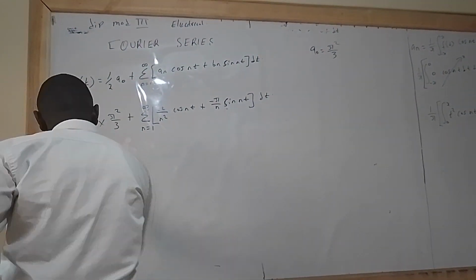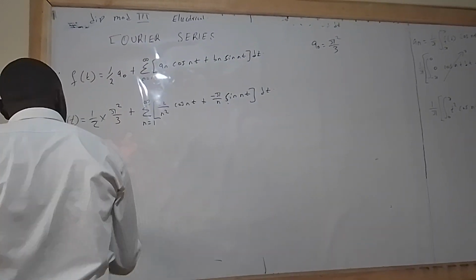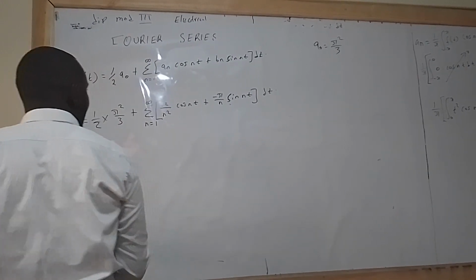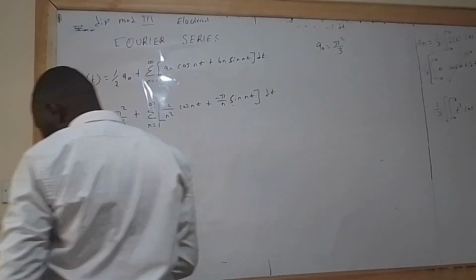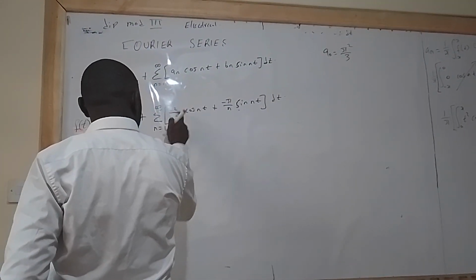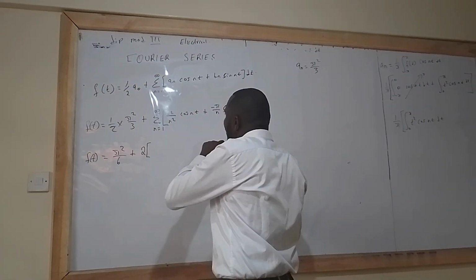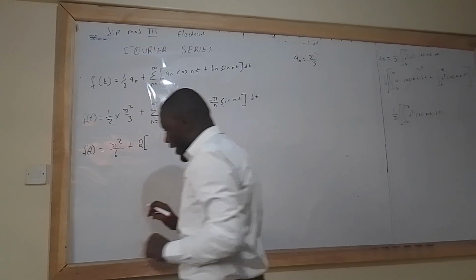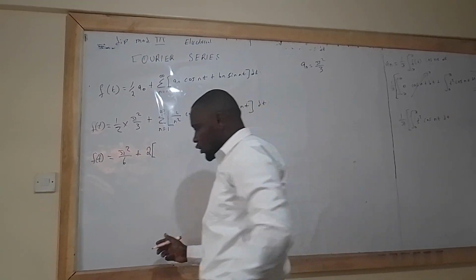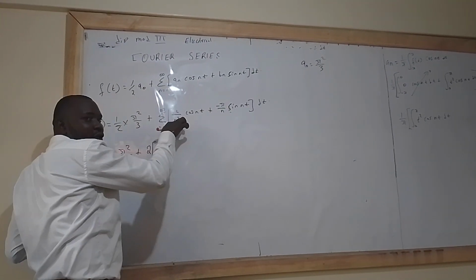Now, f of t is equal to, if I multiply this one, I will have pi squared divided by 6 plus, I have negative 2. So I will have 2, I'll leave the negative here, 2, open the big bracket. Let's deal with the cos. And this cos has the even and odd. So I will have negative 1 over 1 squared, because this n is 1 and it is squared.